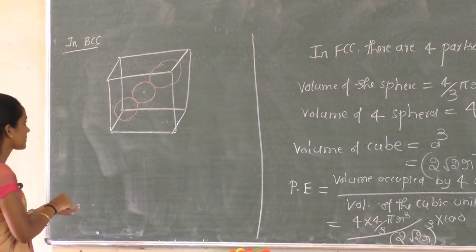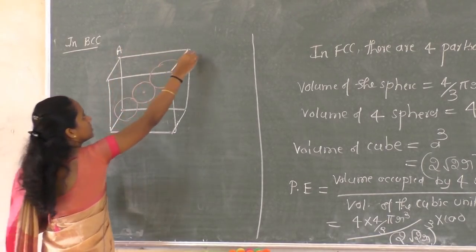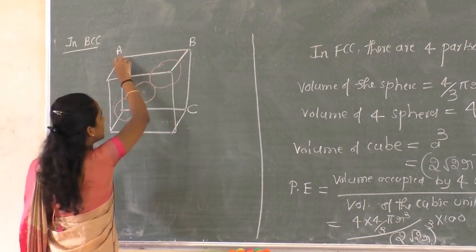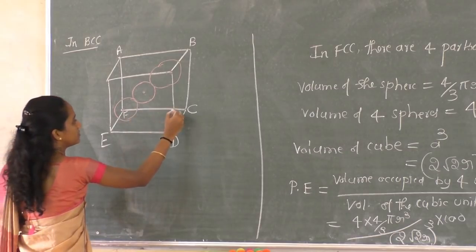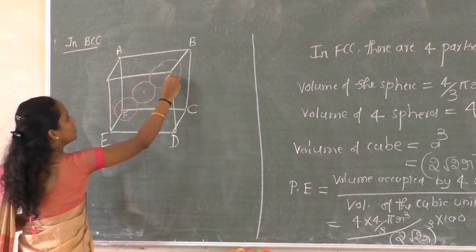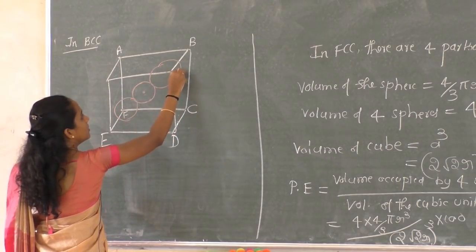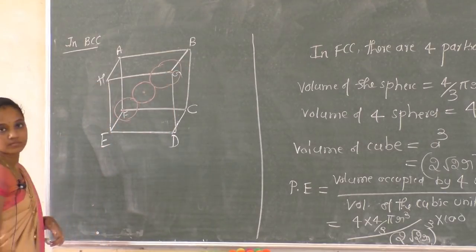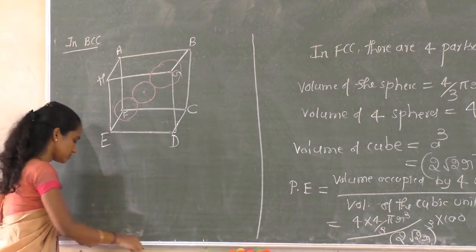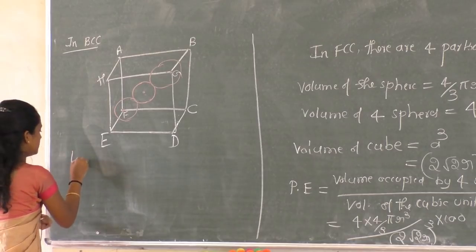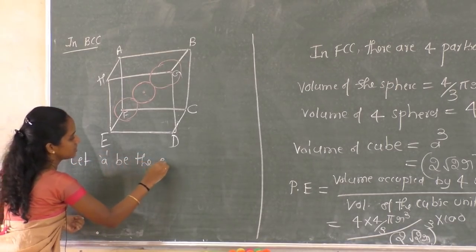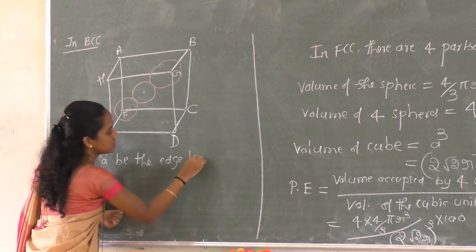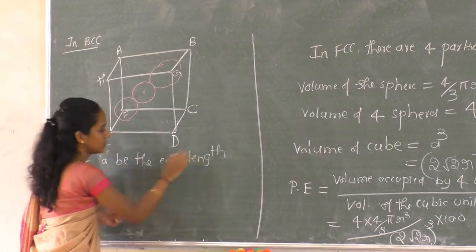Okay, now A, B, C, D, E, F, G, H. Let A be the edge length or side of the cube.